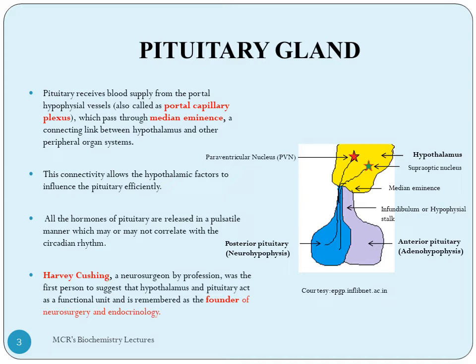All the hormones of the pituitary are released in a pulsatile manner, which may or may not correlate with the circadian rhythm. Harvey Cushing, a neurosurgeon by profession, was the first person to suggest that hypothalamus and pituitary act as a functional unit and is remembered as the founder of neurosurgery and endocrinology.